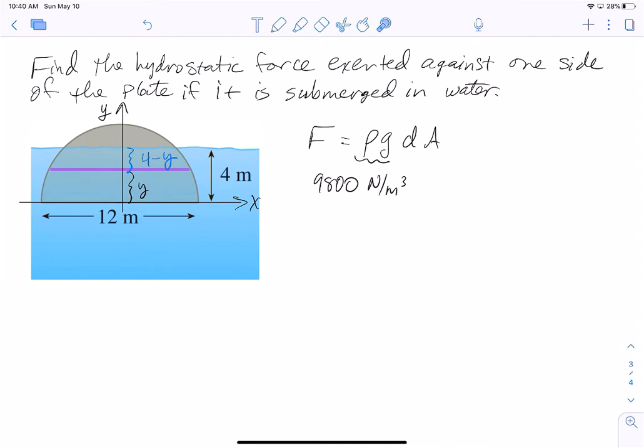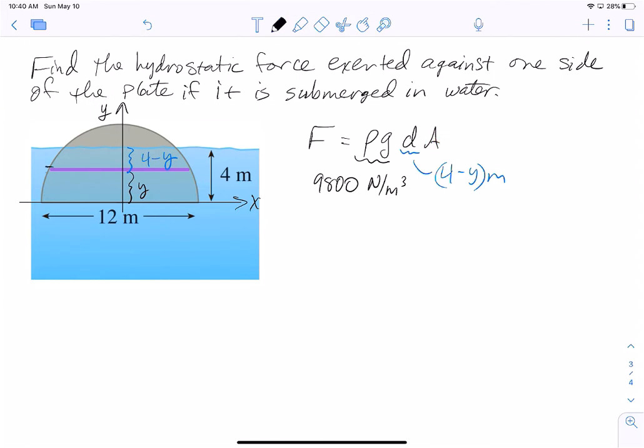And we don't care that the top of the plate is 6 meters up in the air, because all we care about is the portion that is submerged. So our depth is going to be 4 minus y meters. And that leaves us with our area.